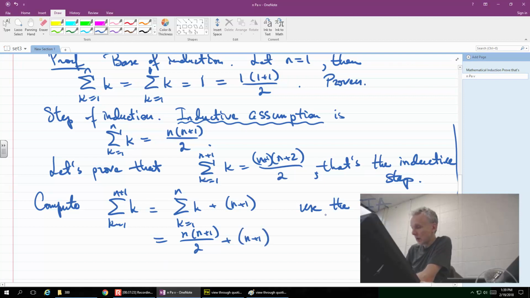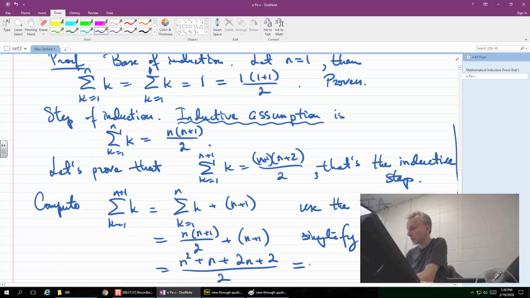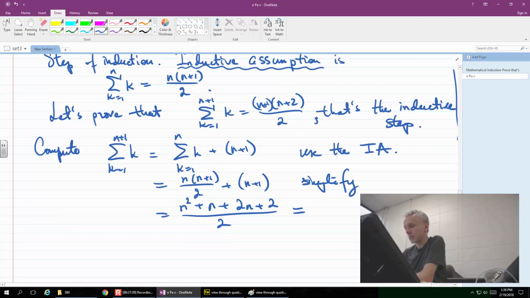Then simplify. It will be (n squared plus n plus 2n plus 2) over 2, and we can factor it out if we like, but it's certainly (n+1)(n+2) over 2. So end of proof.